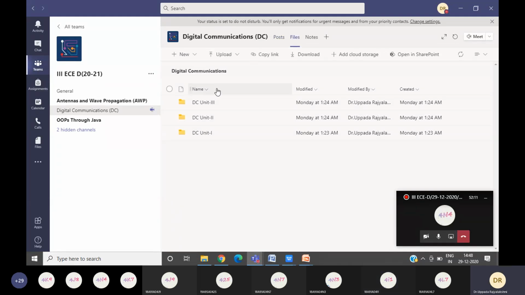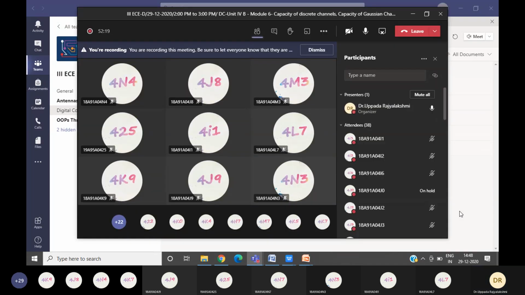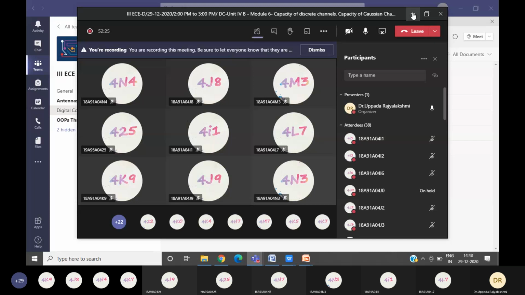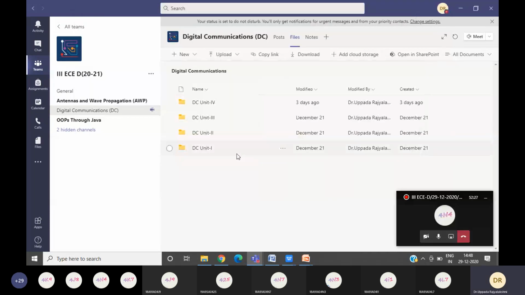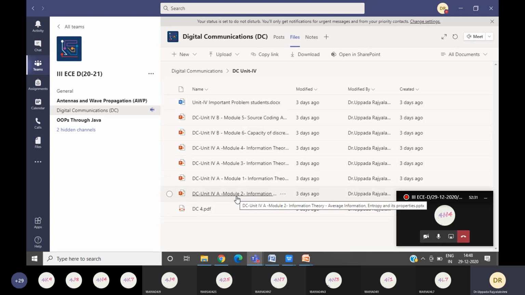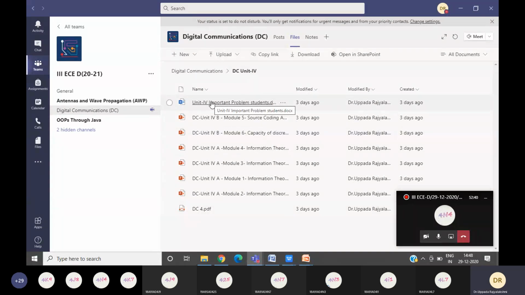In these files you can see DC unit 4, 3, 2, 1. Okay, here you can see I have uploaded all the modules of 4th chapter. So 6 modules are available and similarly problems I have uploaded. So almost all the similar models which we have discussed in the class, I have uploaded here, you can check this.